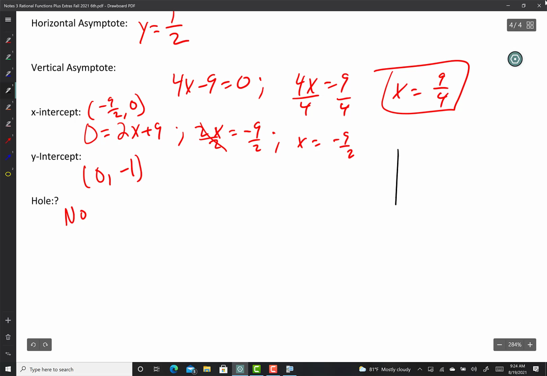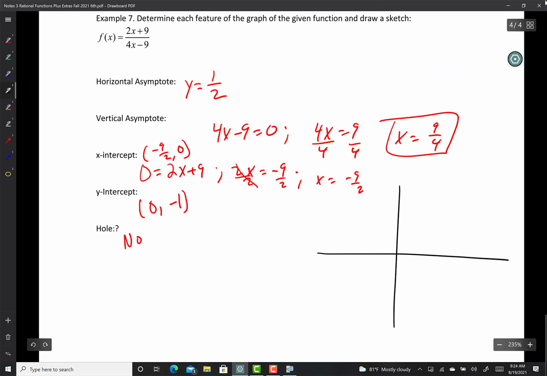Here's our sketch. I mean, this is what we should have done a whole bunch in Algebra 2. But maybe last year was hard to do. Horizontal asymptote of 1/2. So here is my horizontal asymptote of 1/2, not drawn to scale. So there's my 1/2.